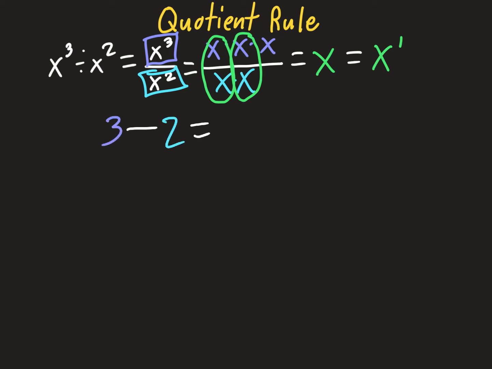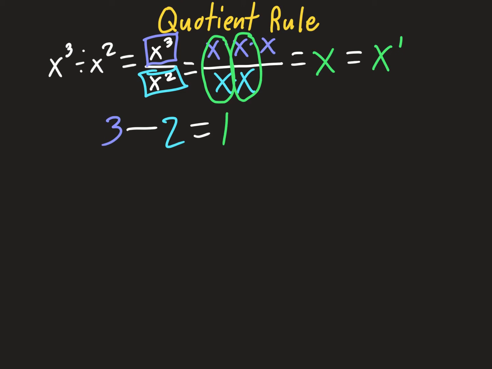Hey, this kind of makes sense because our product rule, when we multiplied, we had to add the exponents. For our quotient rule, when we divide, which is the opposite of multiplication, we have to subtract our exponents, which is the opposite of addition.